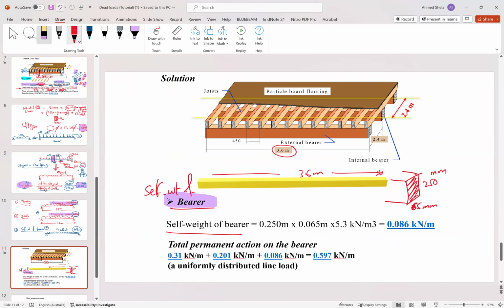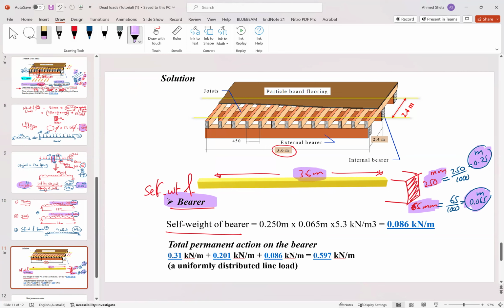This is the total length. So again, we have one dimension in meter and two dimensions in millimeter. So we need to convert the dimensions in millimeter to meter. Divide by 1,000. So this will be 0.25 meter, and this will be 65 over 1,000, so 0.065 meter. This is the dimension of the bearer.